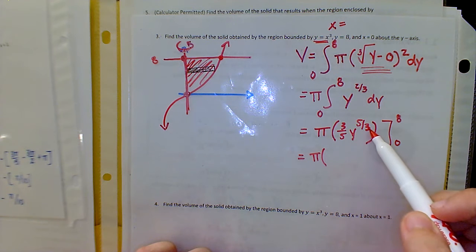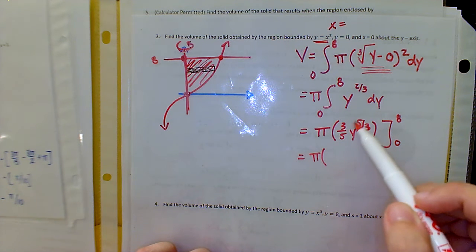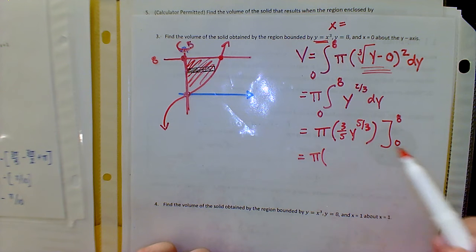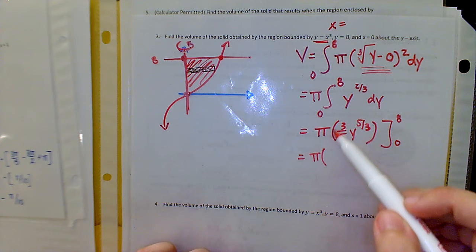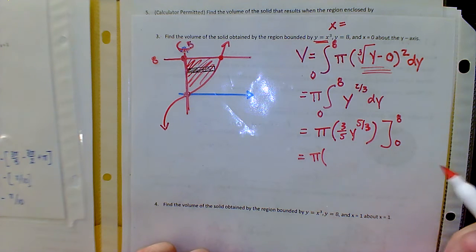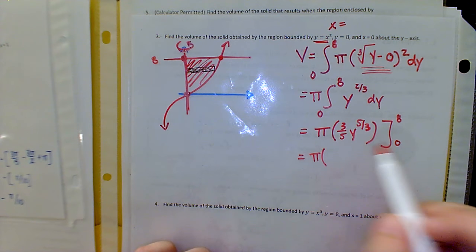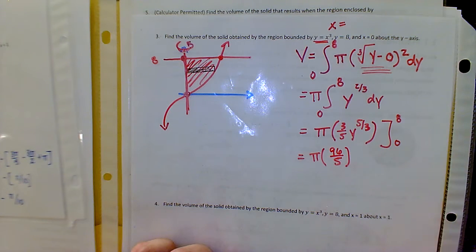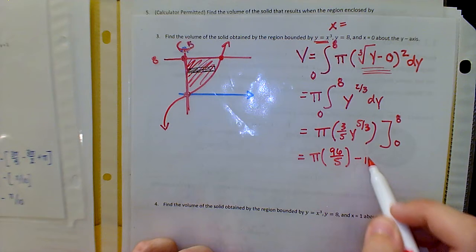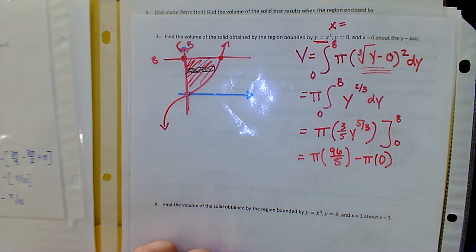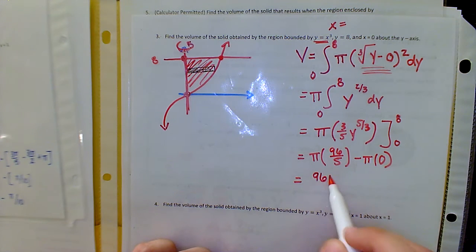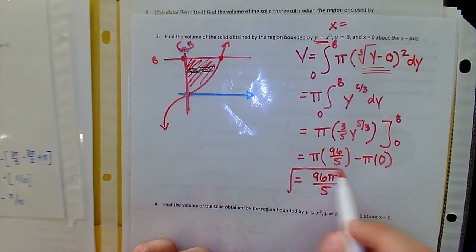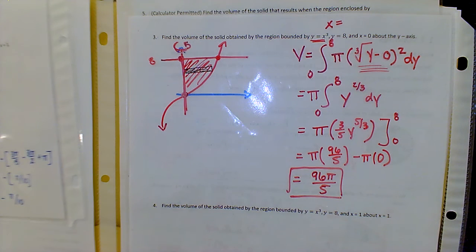All right, so 8 raised to the 1/3 power would be 2. 2 to the 5th, because we haven't used that yet. 32, and then 32 times 3/5. 96 over 5. All right, so that's what we get when we plug in the top bound, minus plugging in the bottom, but that's easy because that's just 0. So we have 96 pi over 5 as our volume.